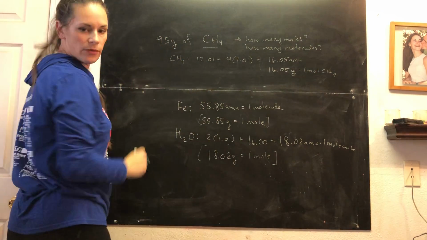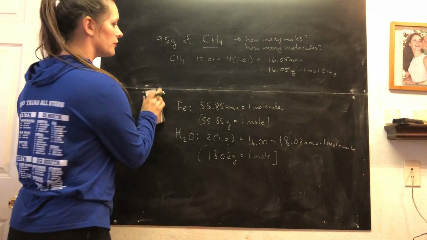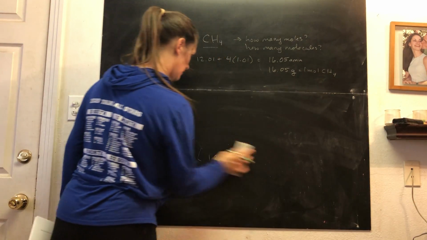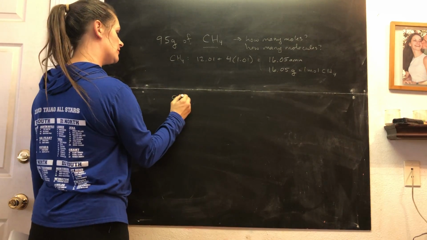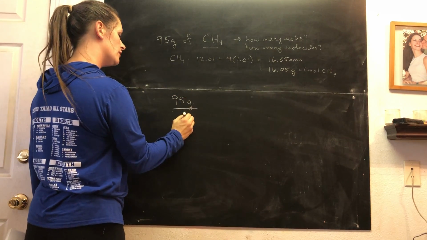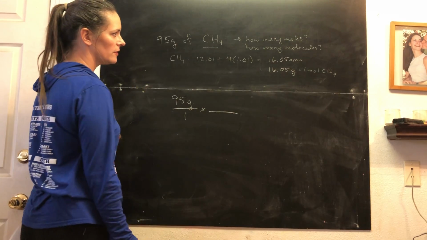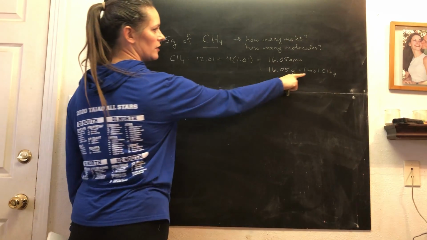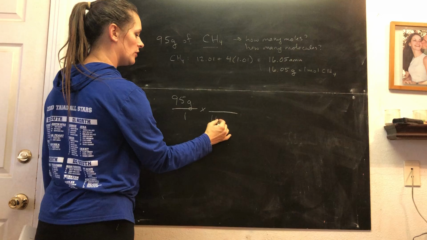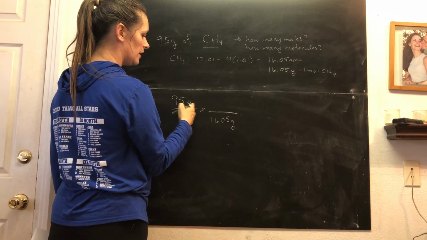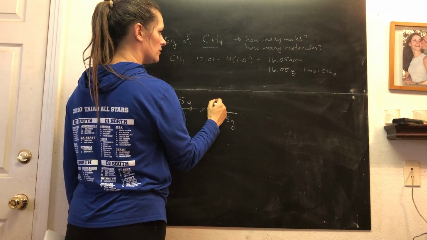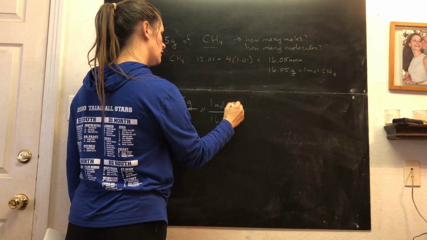So now we can go with what we have, and we'll do our trusty conversion technique that works for everything. We've got 95 grams, so we write what we have, put it over 1, make a times and a fraction. Now we have our conversion relationship. We know 16.05 grams, and I'm writing it on the bottom so we can cancel out grams, is equal to 1 mole of methane.